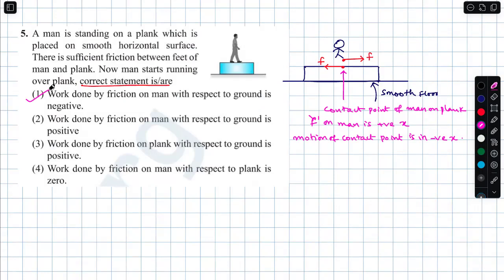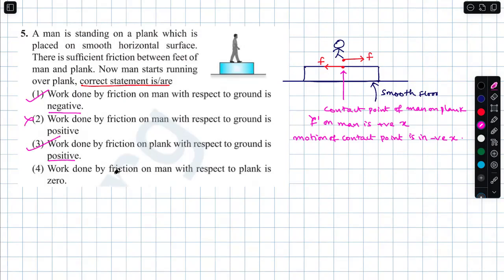Next, work done by friction on man with respect to the plank. See, when you accepted 1, you cannot accept 2. Obviously when net work is 0, this is negative, so this should be positive. Work done by friction on man with respect to plank is 0. Why?